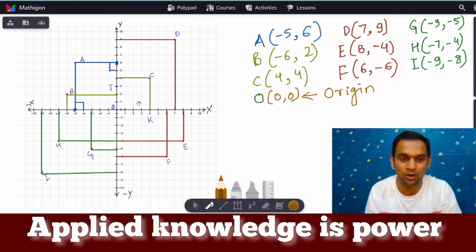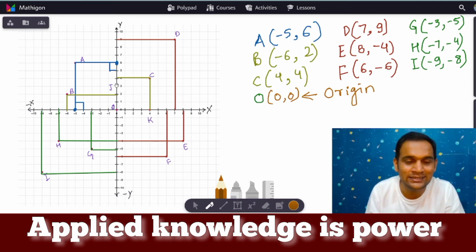This is called the origin. Now over here we have a point J. As you can see, J is exactly on the y-axis. So what is the value of x on that? X is 0. So for J, the x value is 0 and the y value is 3.